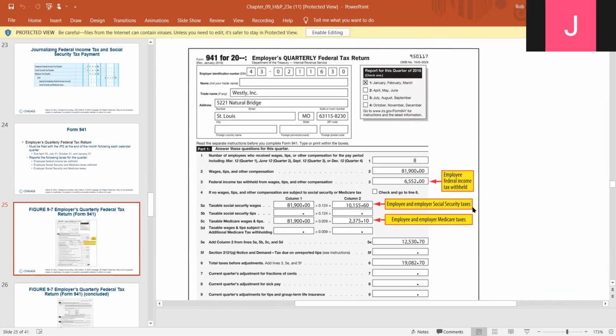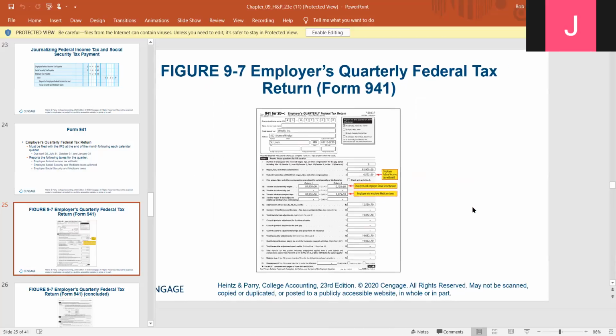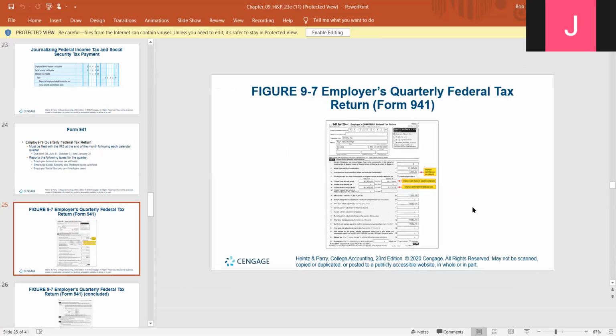And then you match it up to the deposits you sent into the government. And they better be pretty much the same number or there's going to be a problem, okay? I think they allow you leeway of $1 or so. But that's the 941. Again, if you want to learn about payroll, take Professor Pamela Fack's payroll class and you will become experts in all of this information.